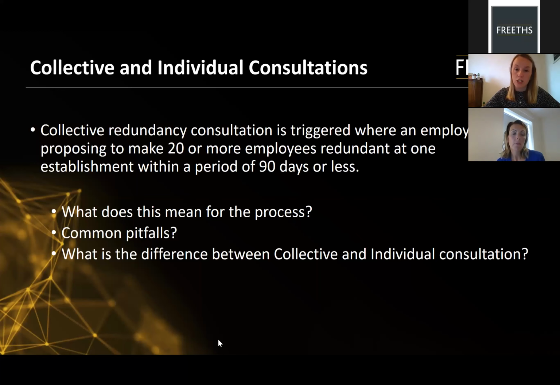You are listening to the proposals that are being made by the representatives, and you are considering and responding to those accordingly. The key really is to make sure that you are going into the process with an open mind, so not having any predetermined or predefined answer.